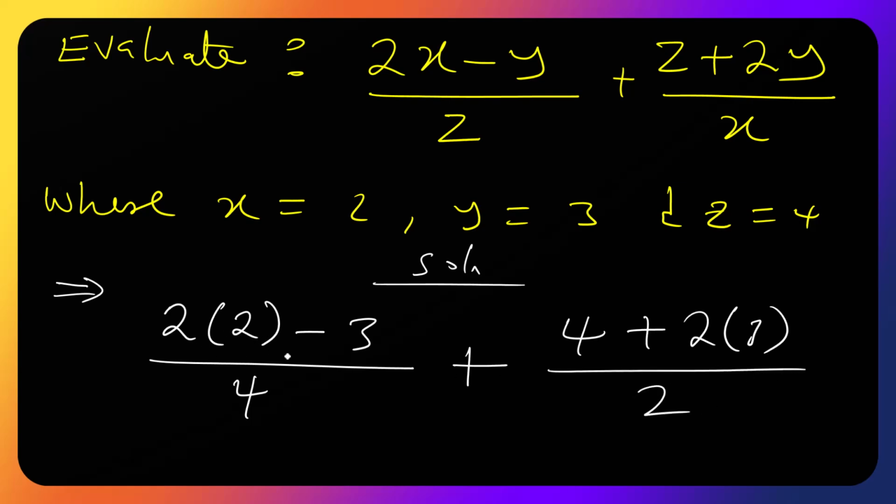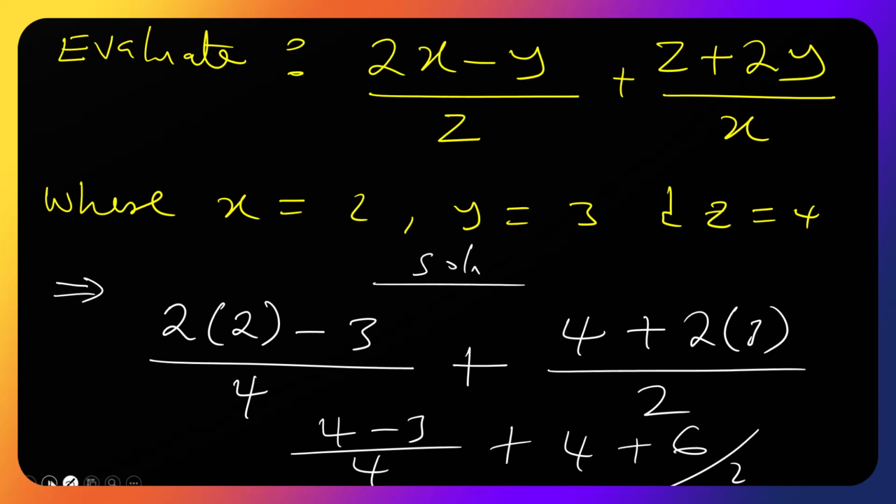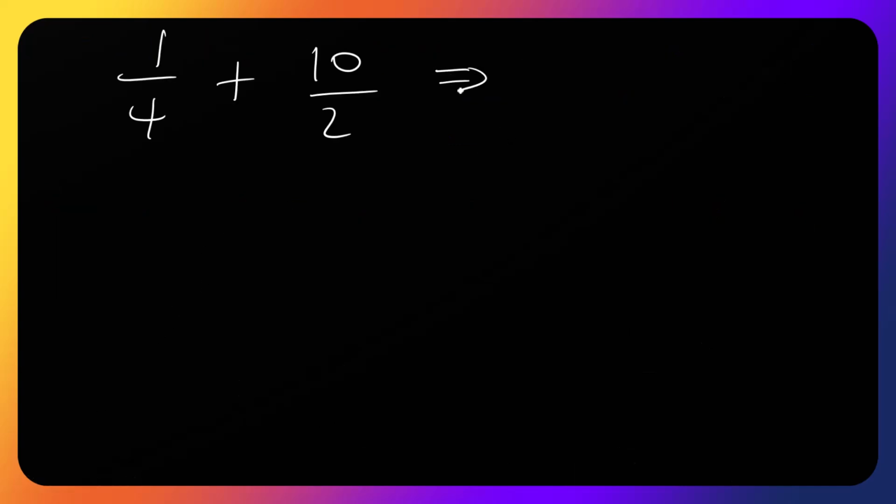So 2 times 2 is 4, so 4 minus 3 on 4, plus 4 times 3 is 6 on 2. So we have 1 over 4 plus 10 over 2. That will be 1 over 4 plus 5 over 1.